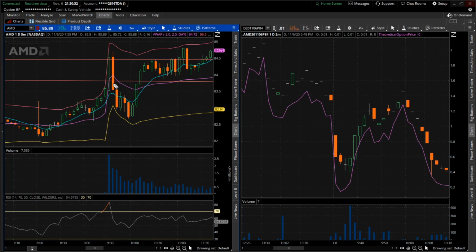There is violence. Got to get in on this. So I ended up getting in on this tiny little bounce here on this third candle, right? I think I got in about here on AMD, and without hesitation, this thing just comes down hard.